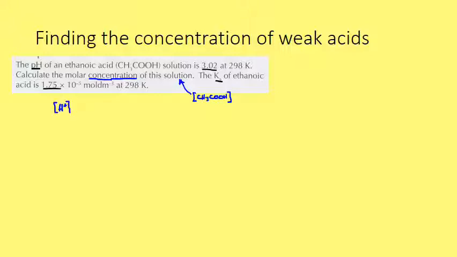So our hydrogen ion concentration is equal to 10 to the power of minus pH. pH we have been given in the question. So the hydrogen ion concentration is 10 to the minus 3.02. And that works out at 9.55 times 10 to the minus 4. And it's a concentration, of course, so it's moles per decimeter cubed again.